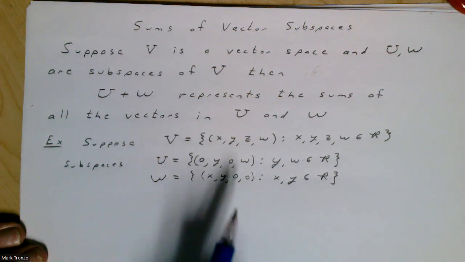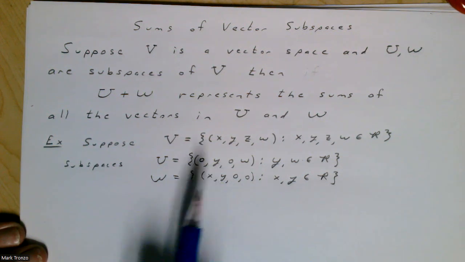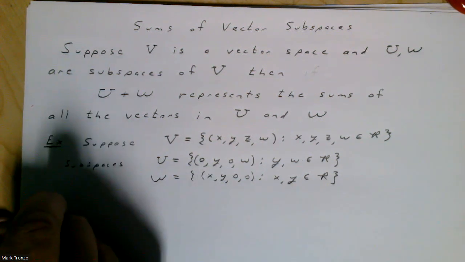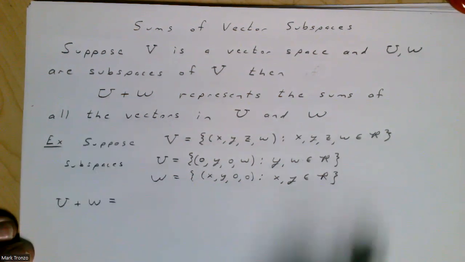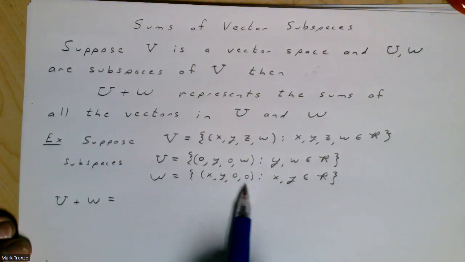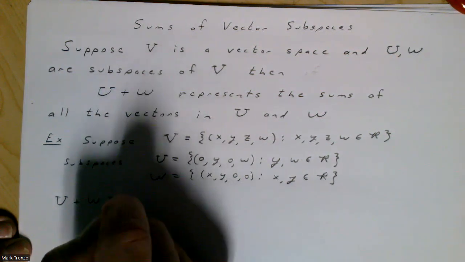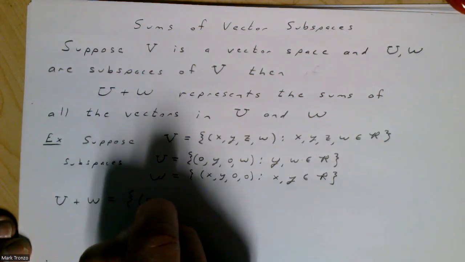And of course, remember, you can show that these are subspaces. And now U plus W will be summing all of these vectors with all of these vectors. And so what would you get? You would get a set something like this.